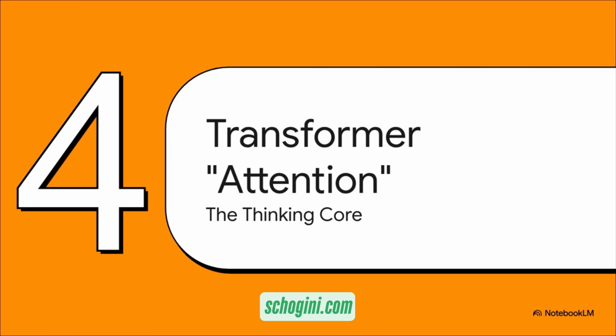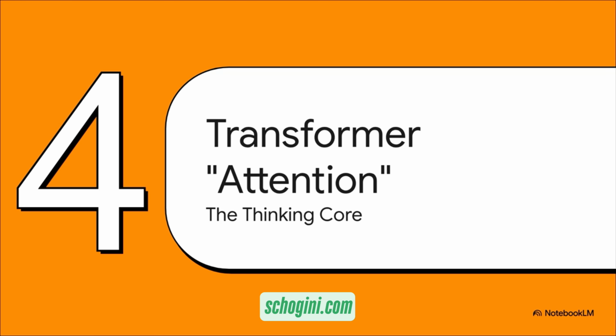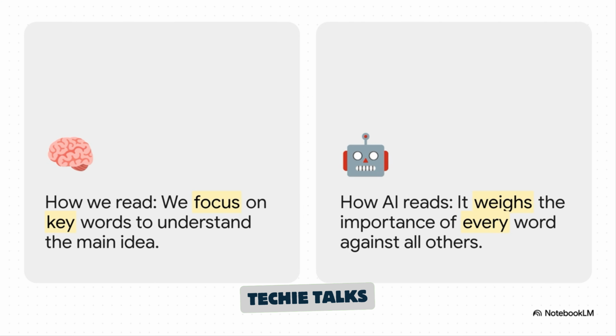Okay, so our prompt has been tokenized and then turned into these meaningful numbers. Now, we enter the real engine room of the LLM. This is something called the transformer architecture, and it has a superpower. It's a concept called the self-attention mechanism. And this right here is what lets the model actually think about the full context of what you've asked. This is where the AI's way of reading is completely different from how we do it.